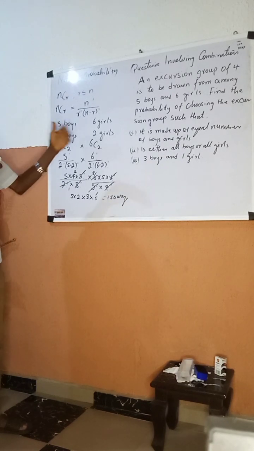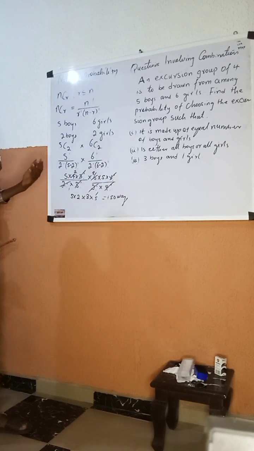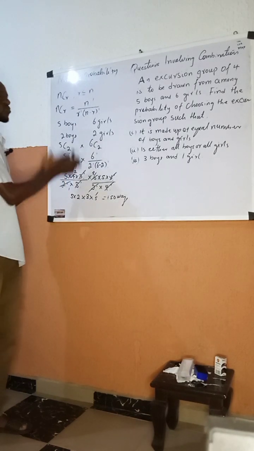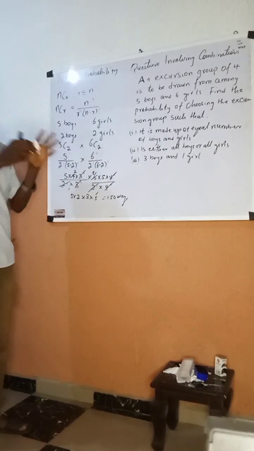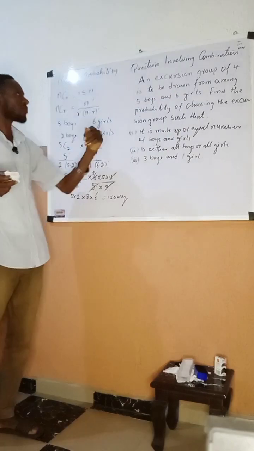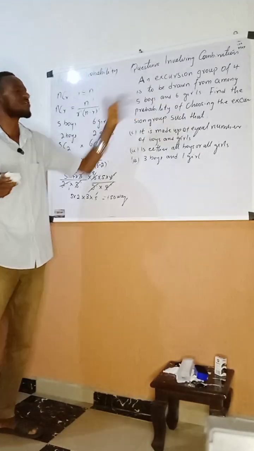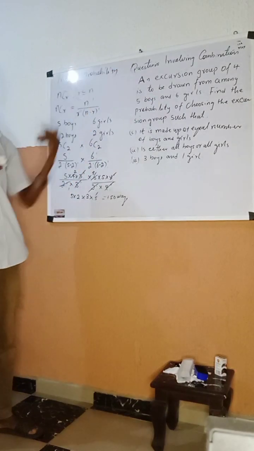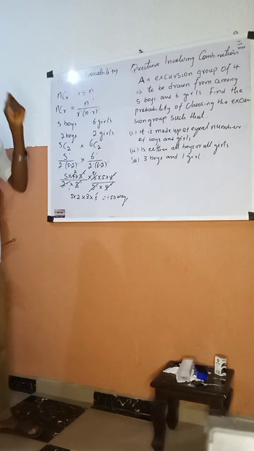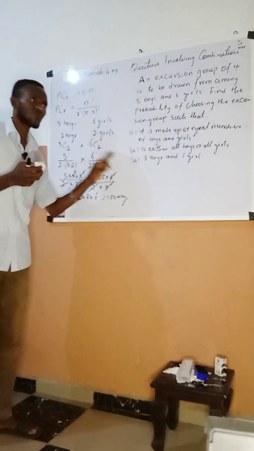So we are going to look at a way of making this selection without paying attention to whether we are going to have 2 boys or 2 girls, but rather just selecting 4 persons out of 5 plus 6, which is 11 persons who are going to go for the excursion, without paying attention to the number of boys or the number of girls.